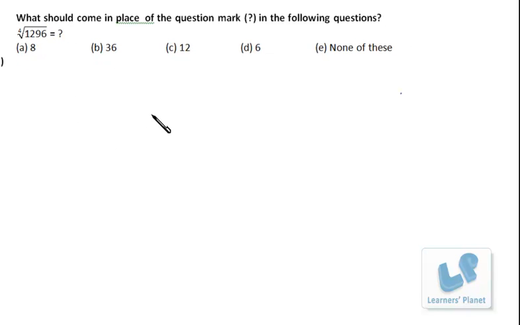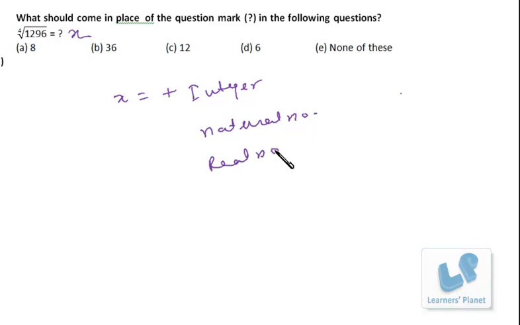Now friends, in this question we have to find out the fourth root of 1296. Suppose this is x. Once again, we should be very clear that we are not given the status of x, whether x is a positive integer, a natural number, or a real number.